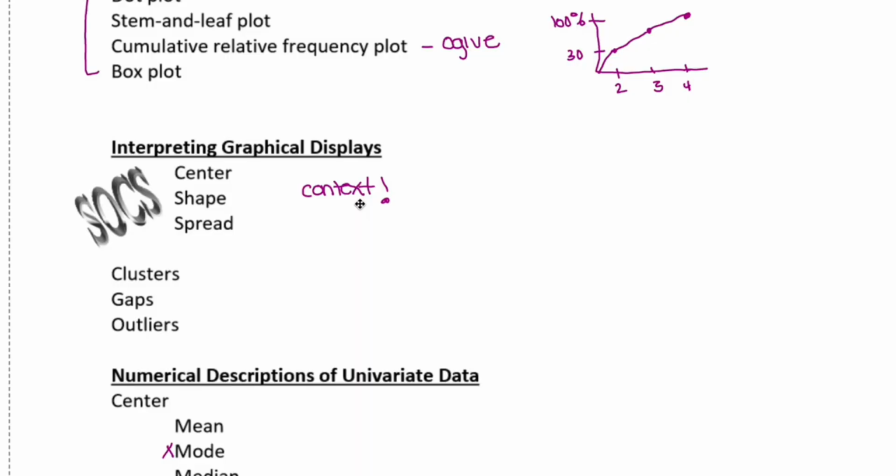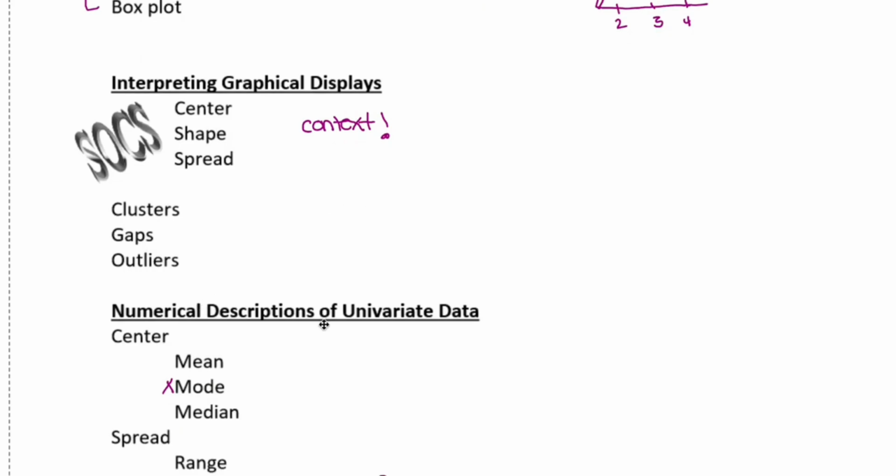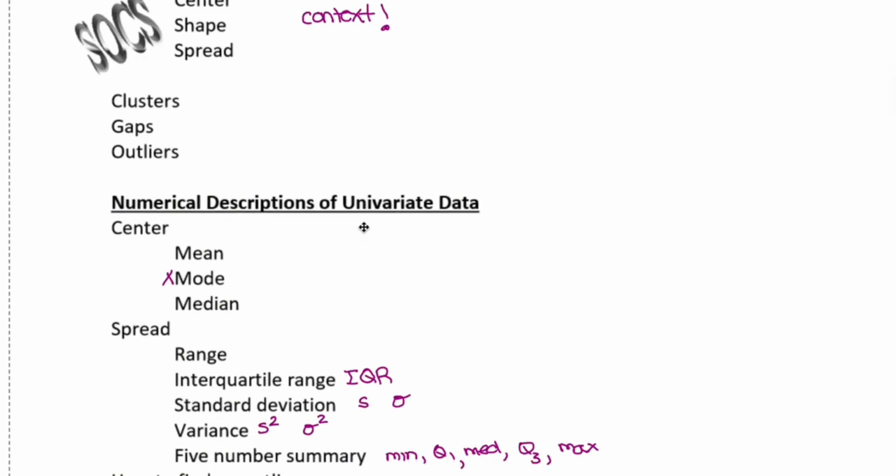You have to say, well, what is given in the question, how can I put my words into context? And that's really important. For numerical descriptions of univariate data, we have center, which has 3 key terms: mean, mode, and median. Median, n+1/2 is for median, and that's how you find the location of the median.